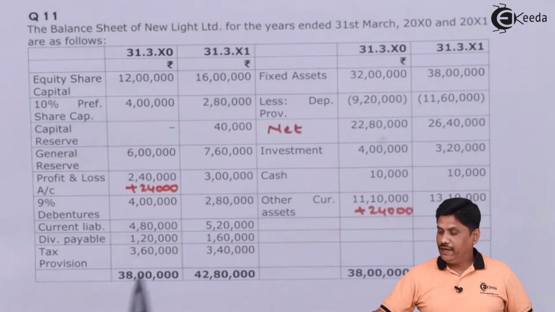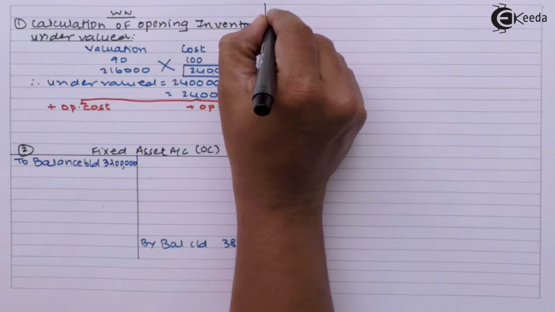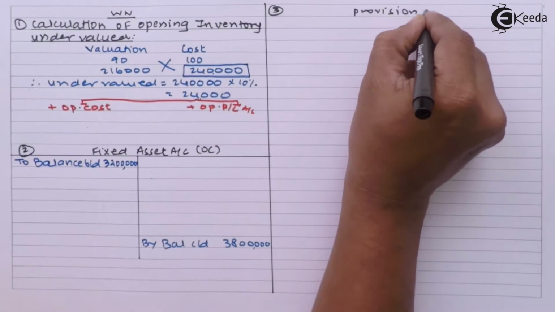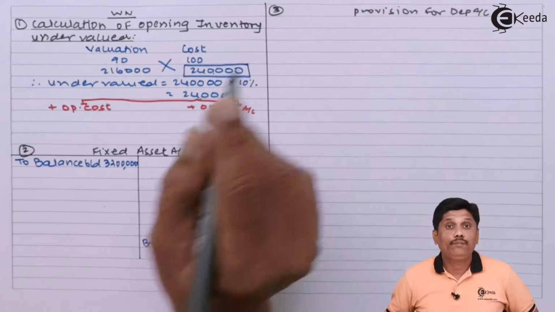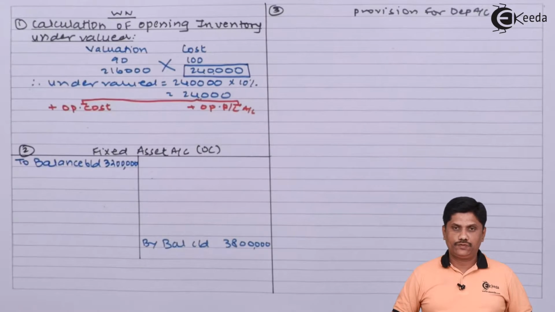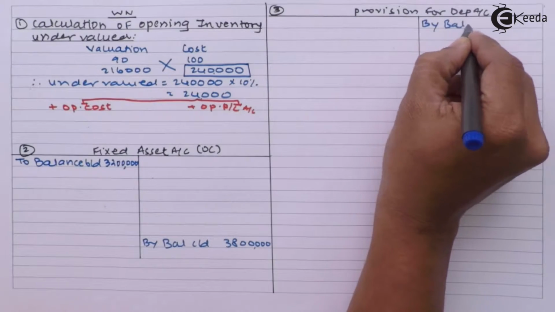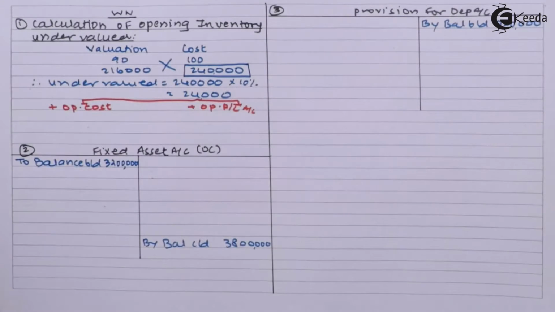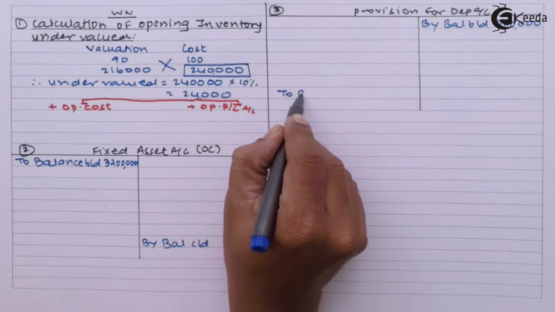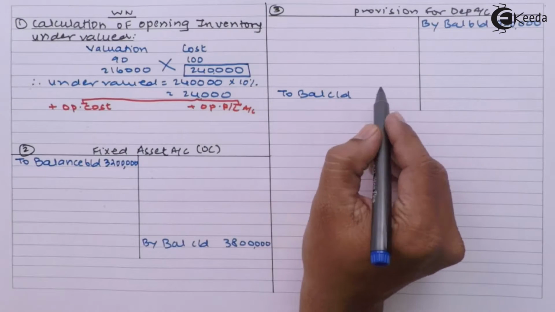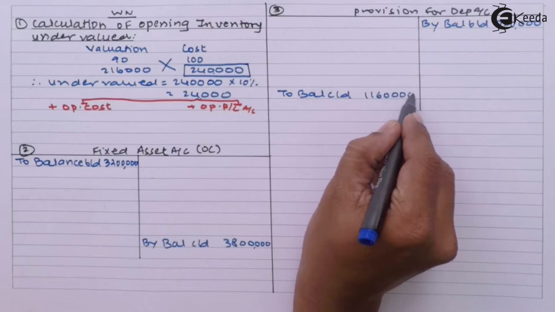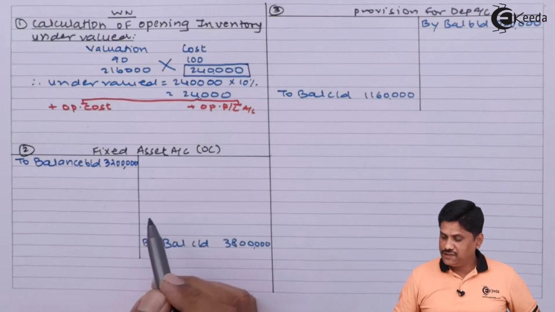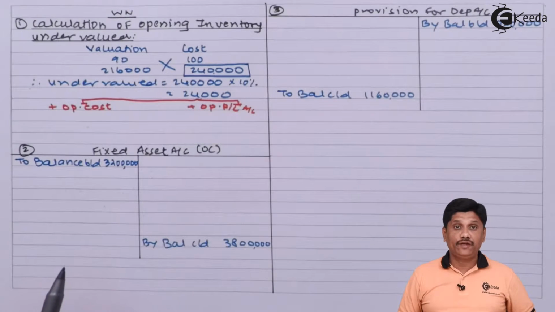We have to also prepare a depreciation provision account. Provision for depreciation account. So I have written opening balances in fixed asset account as well as in PFD account.